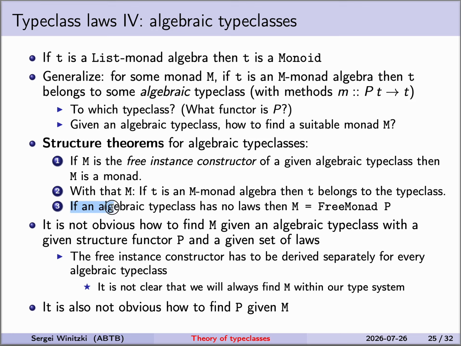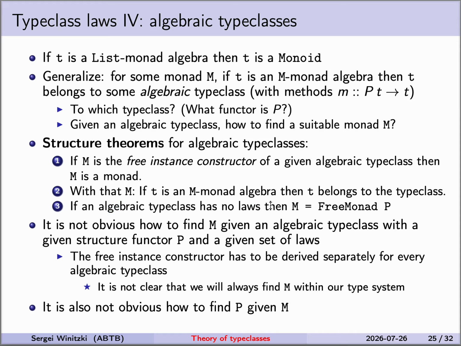Finally, if an algebraic type class has no laws, then we can say what that is. It's just methods P T to T. We take the free monad on P, and that's the monad we need to say that if T is an M monad algebra, then T belongs to this algebraic type class that has no laws.